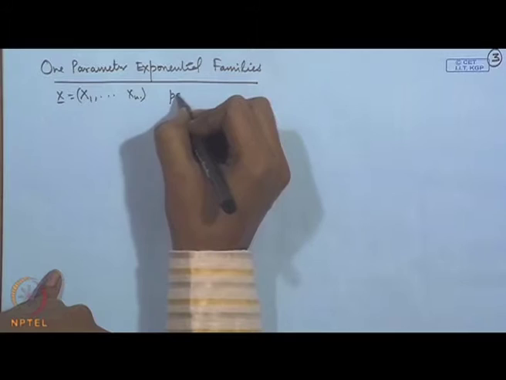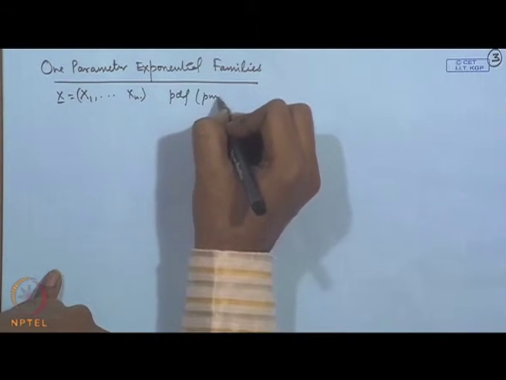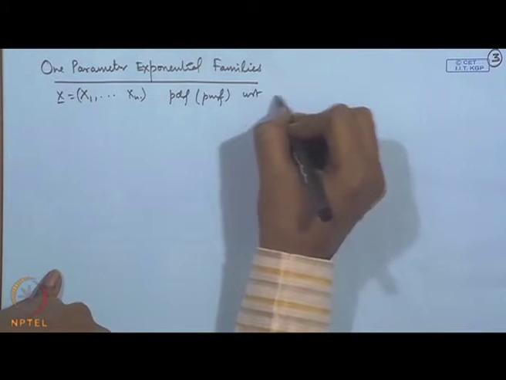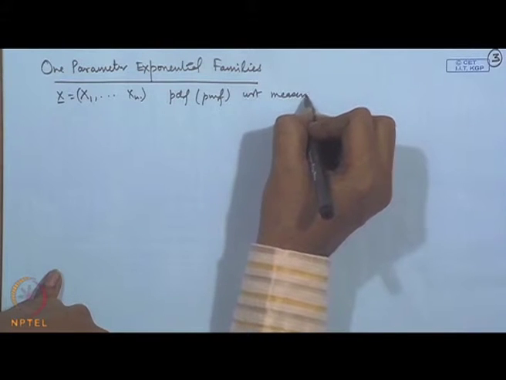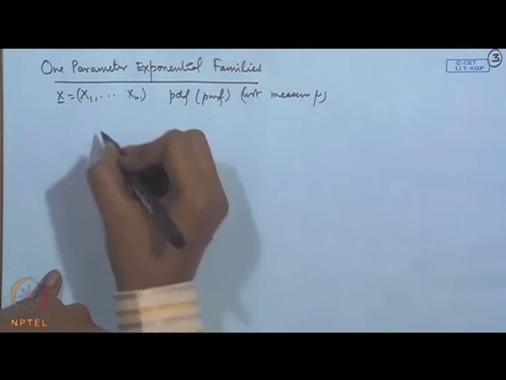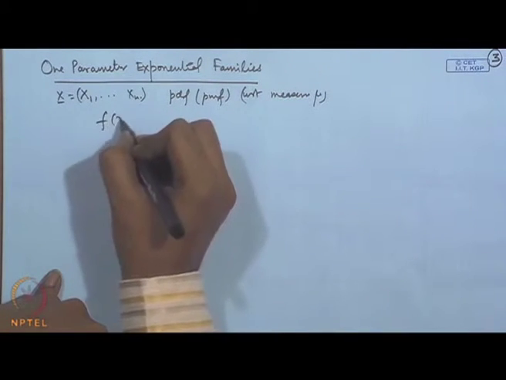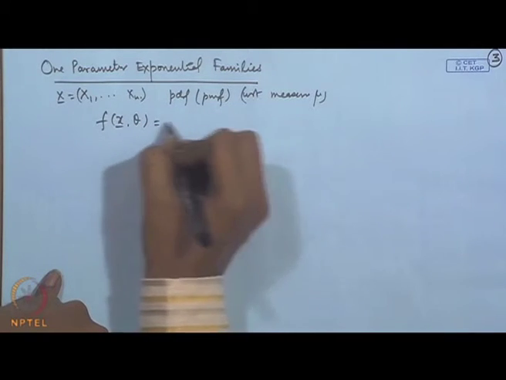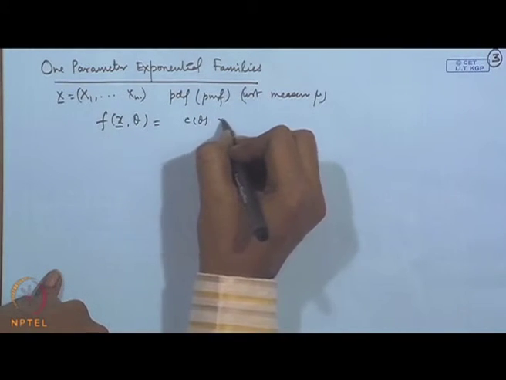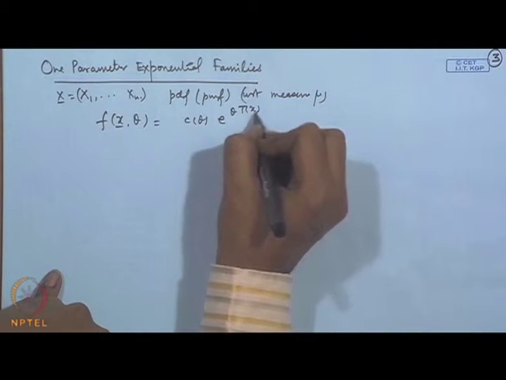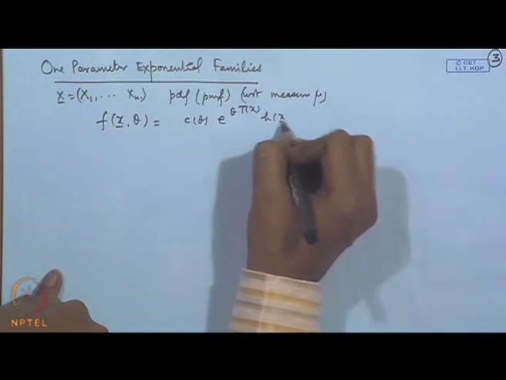The PDF or PMF with respect to a measure mu, we write as f(x, theta) is equal to c(theta) e to the power theta T(x) h(x).